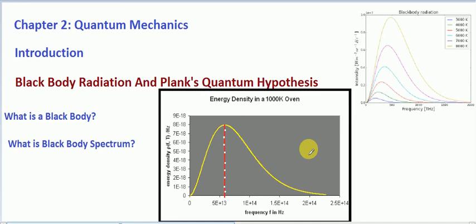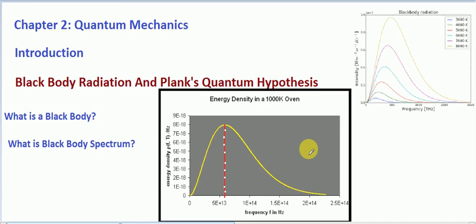For example, in the case of what is known as black body radiation, these laws failed to explain completely why such a radiation spectrum occurs.